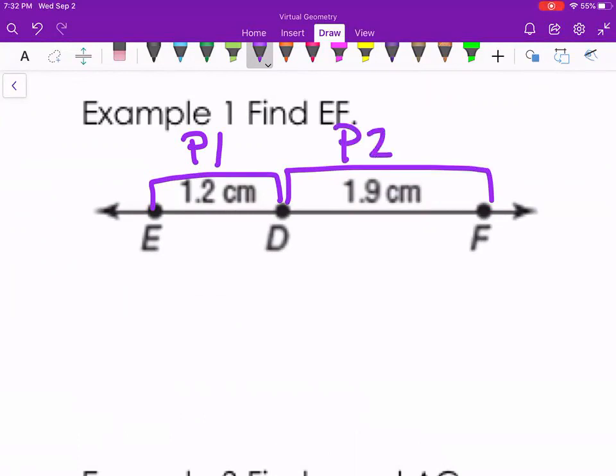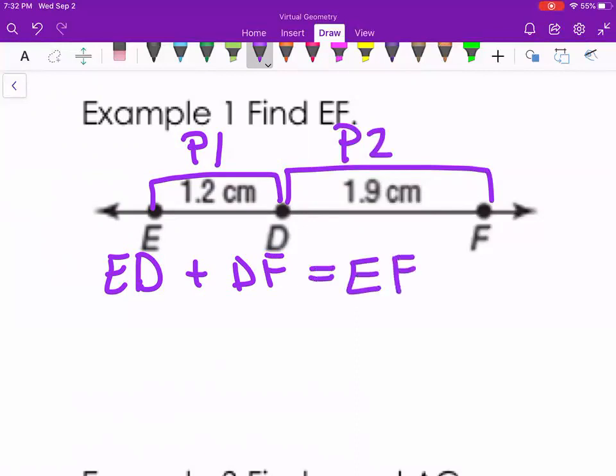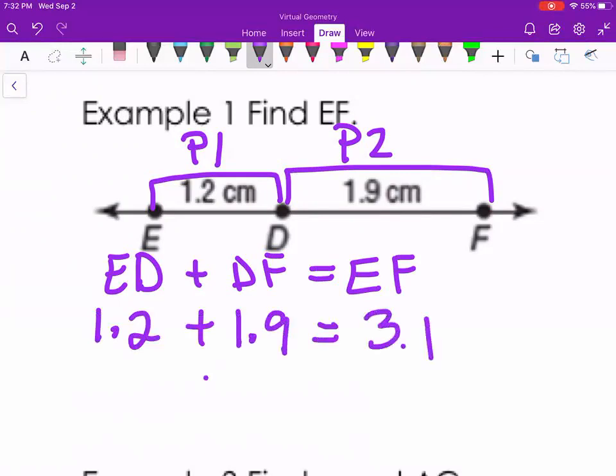So our formula says part 1 ED plus part 2 DF to get the whole length, which is EF. Let's put in our numbers. 1.2 plus 1.9 to give us 3.1. So the length of EF, 3.1.